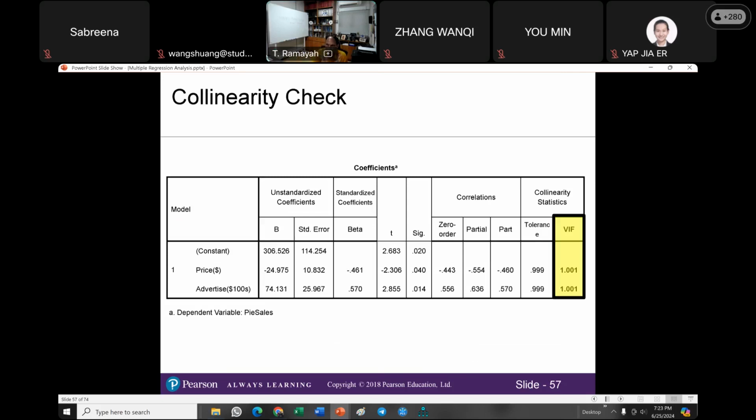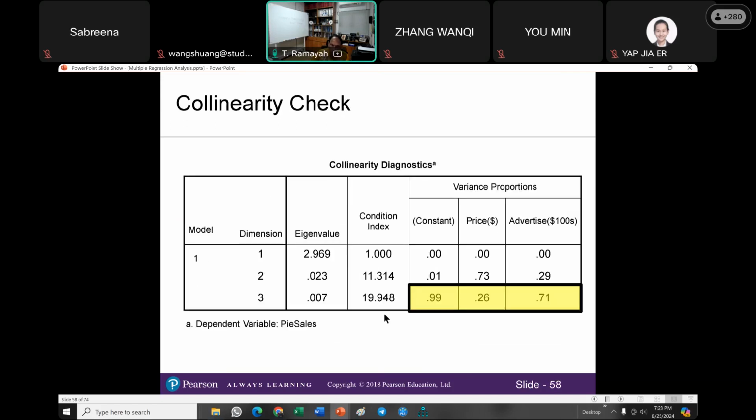We will get it under the last column, which is called the VIF. As long as this is less than 5, you're okay. And then we will also look at the condition index of the collinearity diagnostic. They give you the condition index here, 19.948, right? So you don't have a problem with multicollinearity.